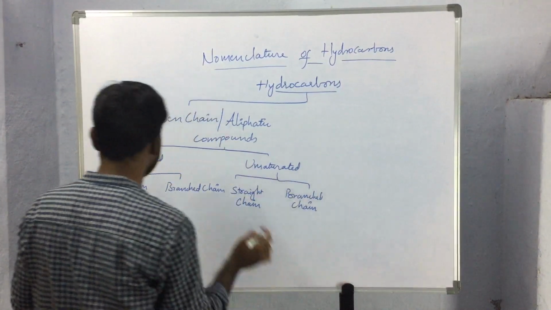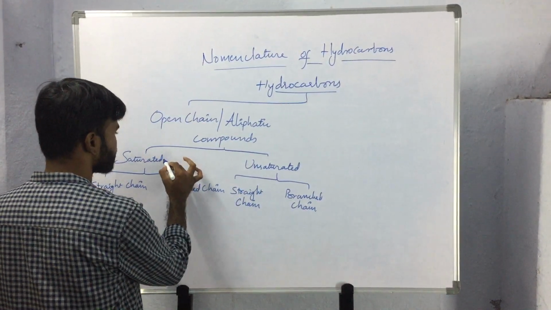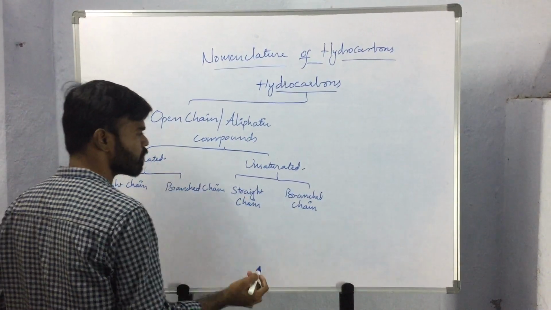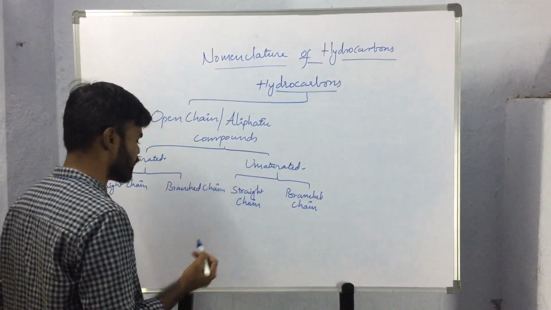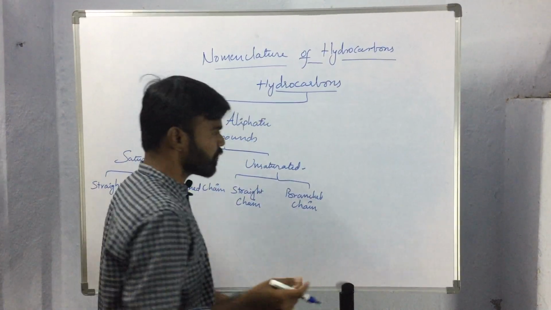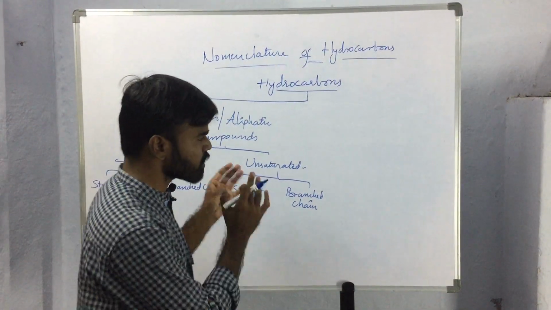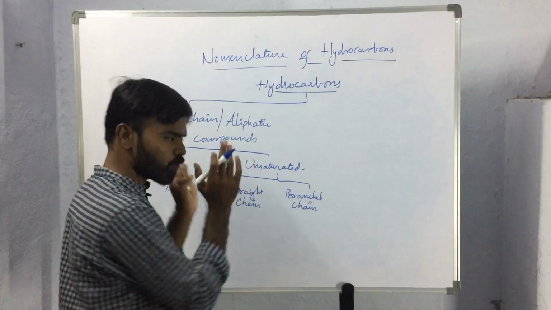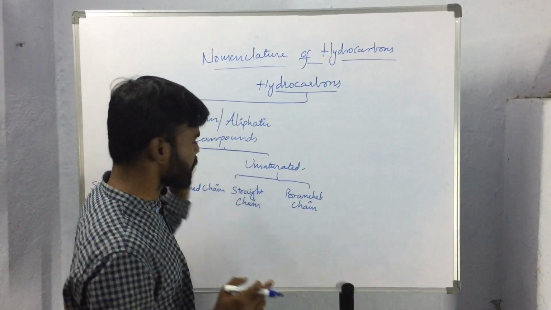In this we have finished the saturated compounds and the unsaturated compounds. That means the nomenclature of saturated compounds and nomenclature of unsaturated compounds. So in this video, we will focus on some examples of what we have discussed so far regarding the nomenclature of open chain compounds.